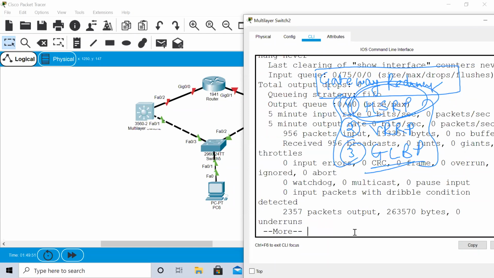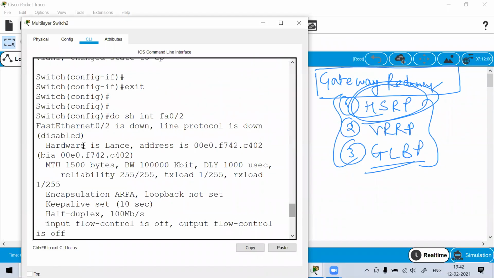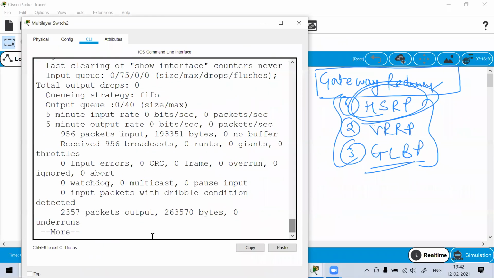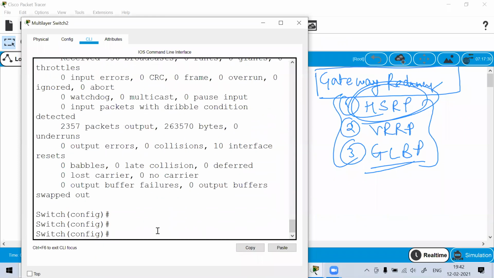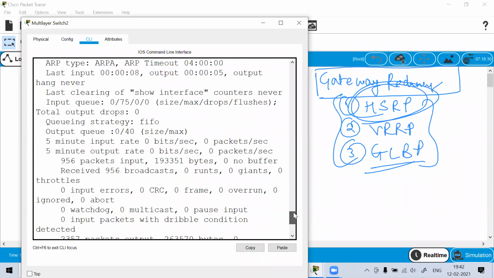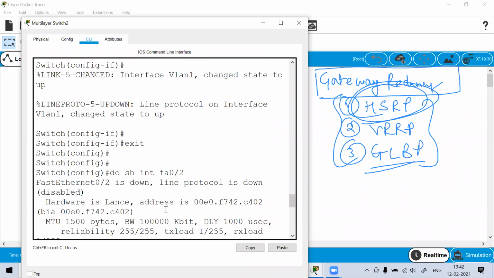Here is the information, FastEthernet 0/2, and this is the information related to the switch. It's a switch port because it's giving you the information about the switch port.